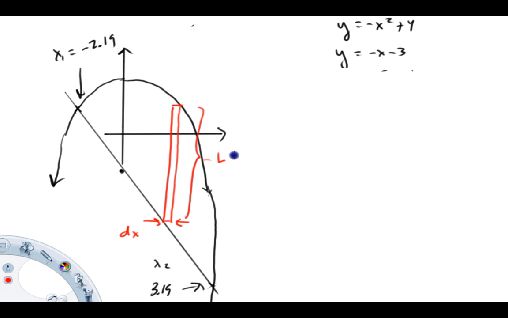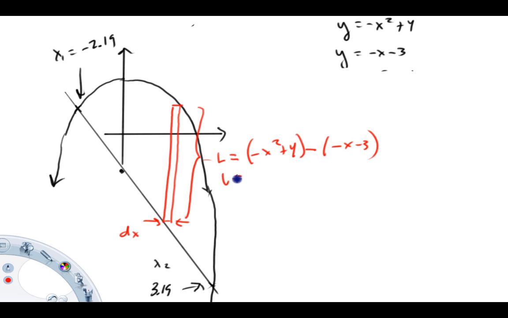All right, so the length of that rectangle is going to be, now both curves are involved. When you're bound between curves and you want a length, you always do upper curve minus lower curve. So that's going to be equal to minus x squared plus 4 minus, I'm going to put that in parentheses, that's the upper curve minus the lower curve, which is minus x minus 3.